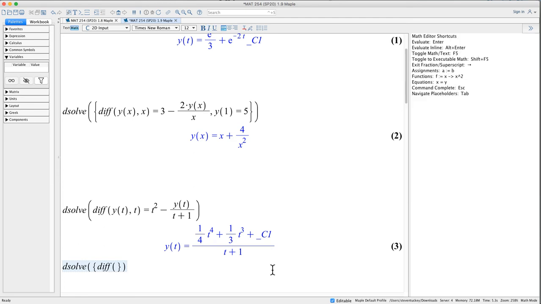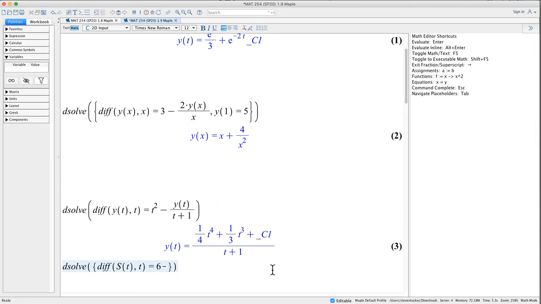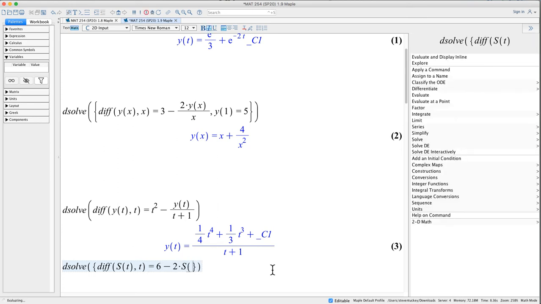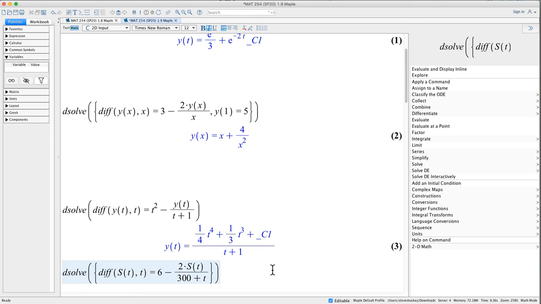So this is going to be S of t, well, I'll use capital S, I guess, ds dt equals, on the other side it was 6 minus 2 times S of t divided by 300 plus t. So that's my differential equation, and then my initial condition was S of 0 equals 50.